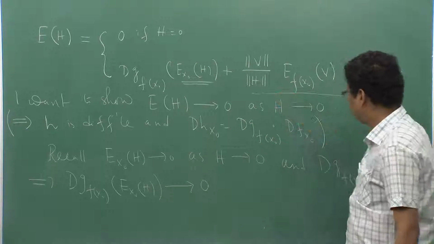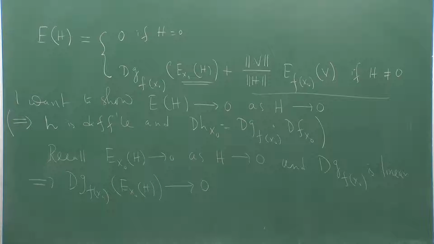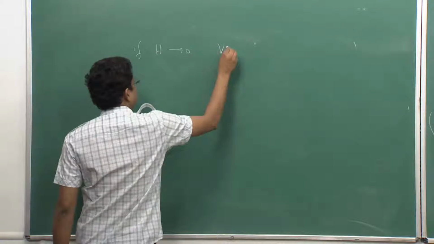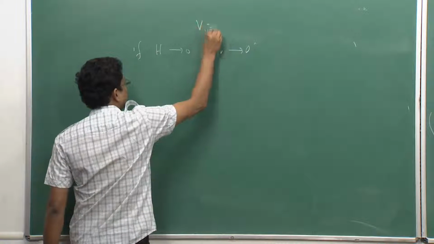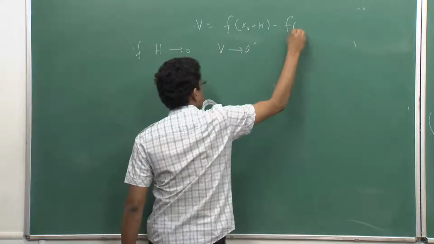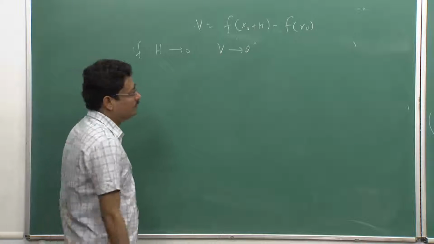What about this part? Well, obviously, if h goes to 0, V goes to 0 as well, because V is again f of x naught plus h minus f x naught, and f is differentiable, so continuous. So, h goes to 0, V goes to 0.